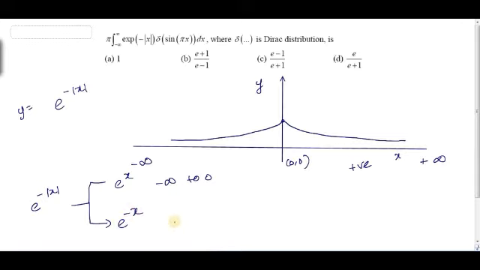This is for 0 to plus infinite. A single function is nothing but the combination of two functions. So remember, e power x is for minus infinity to 0, and e power minus x for 0 to plus infinity.